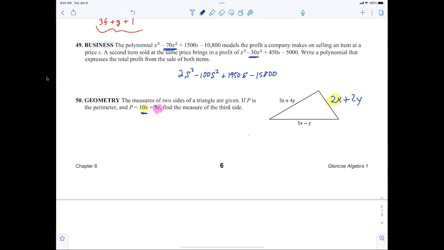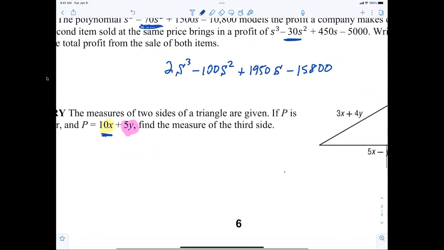Okay, so those are S's, and then why can't we combine them? They're not the same. 2S squared plus, or 2S squared minus 100. It's a cube, Oliver. 2S cubed minus 100S squared. Oh, I'm sorry, I couldn't see that.